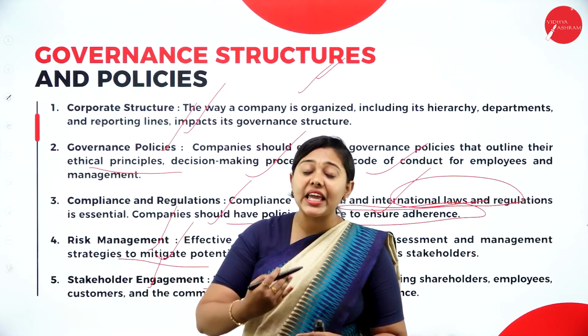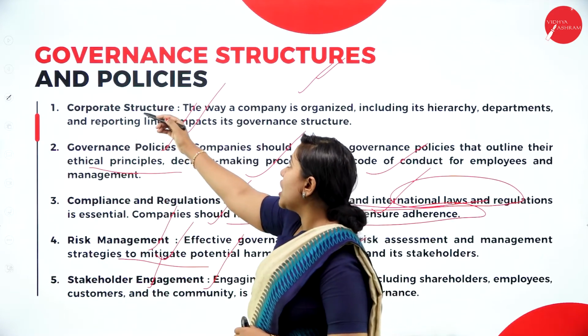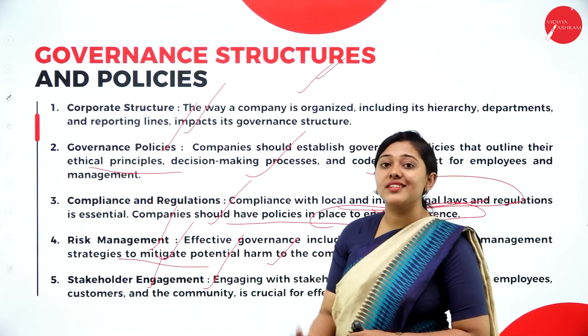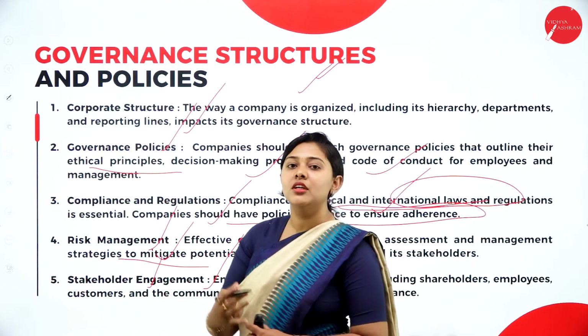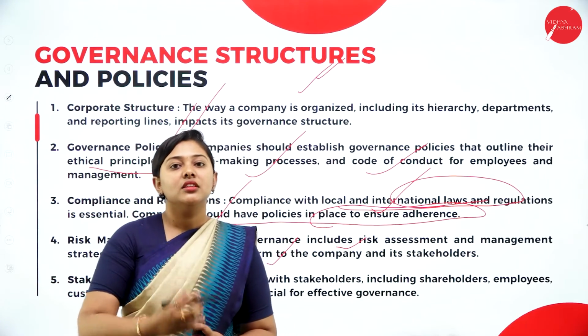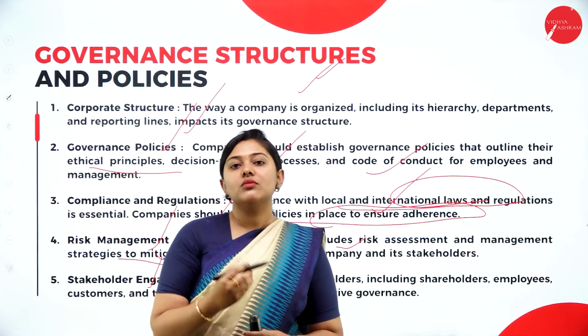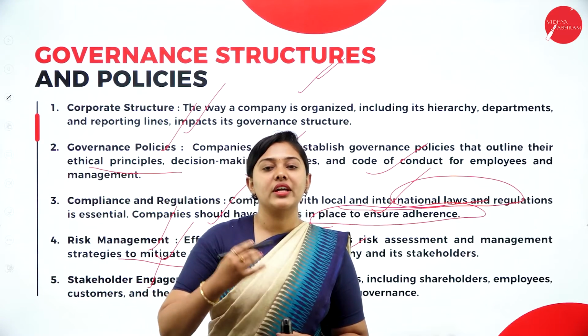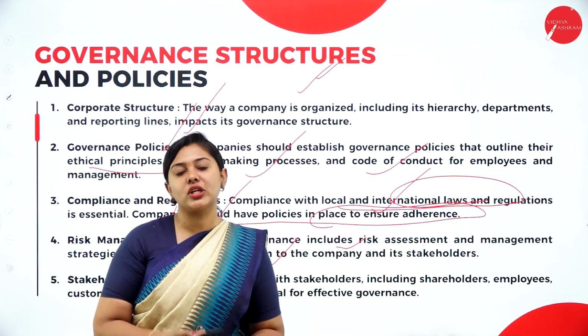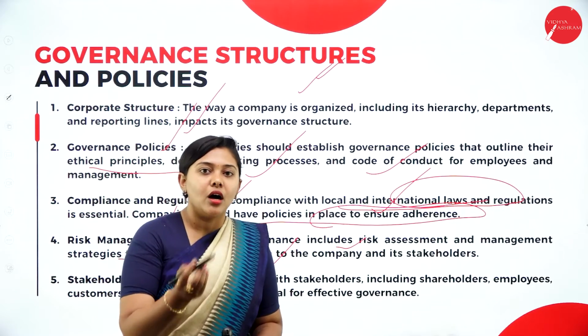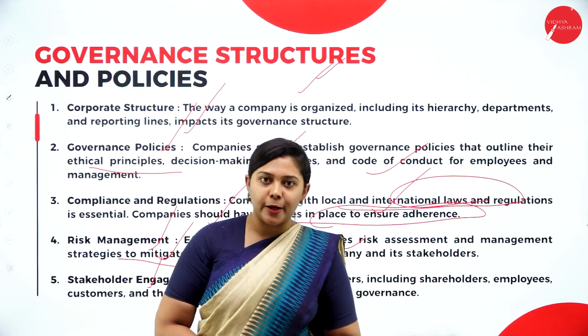This is why governance structure and policies are important. If you have proper governance, there will be proper coordination. When you have proper coordination, the organization will work more efficiently, and automatically the organizational objectives can be achieved.